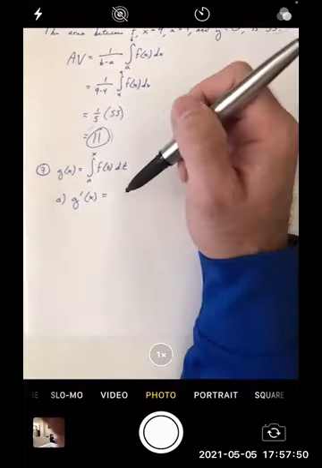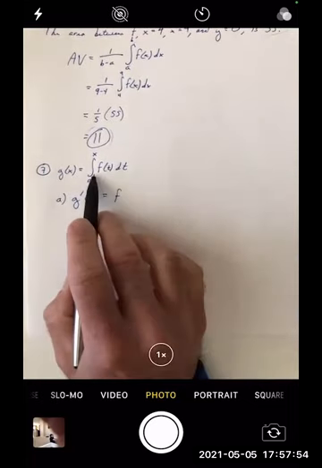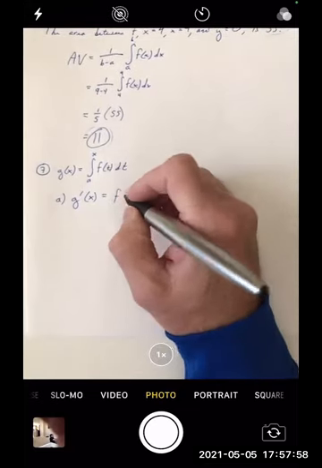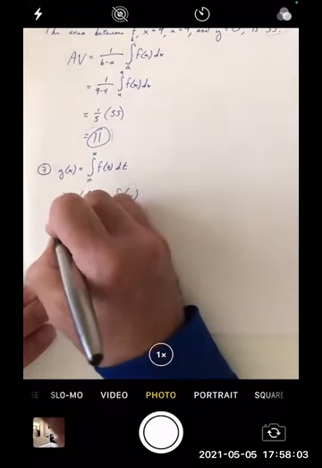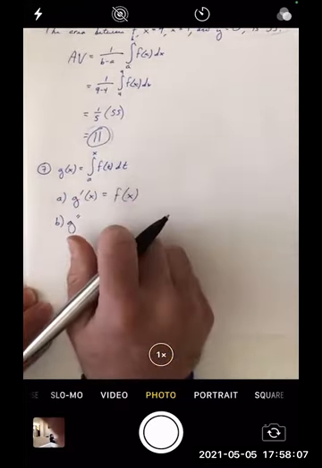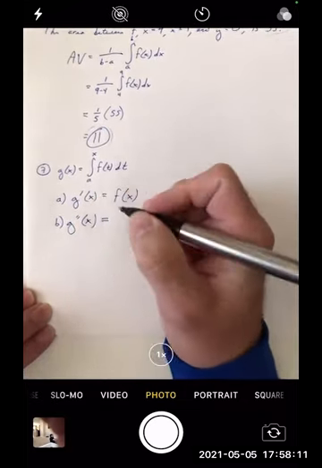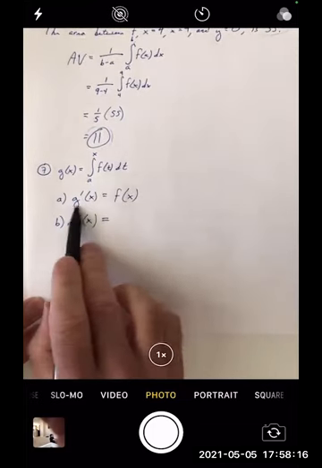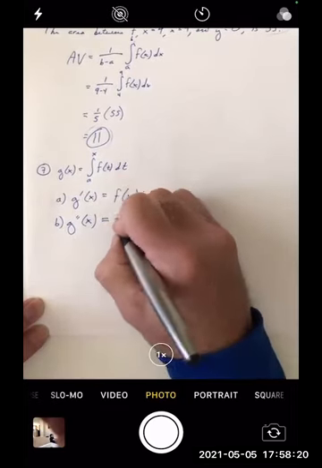So according to the theorem, it's just your function that was in there, but now the variable switches to what? X. Okay, then B, what is the second derivative? So if you're taking the derivative of this, we want the derivative of f, which is just f prime.